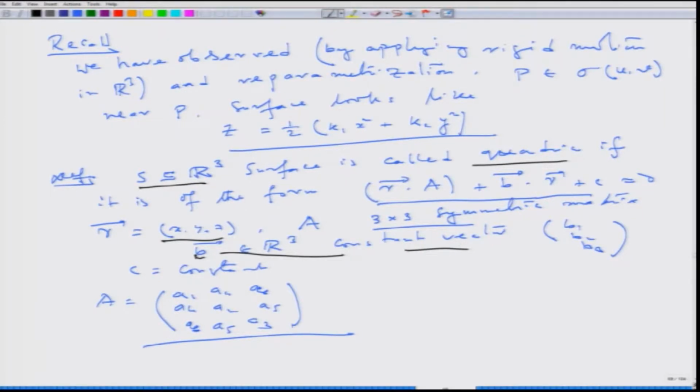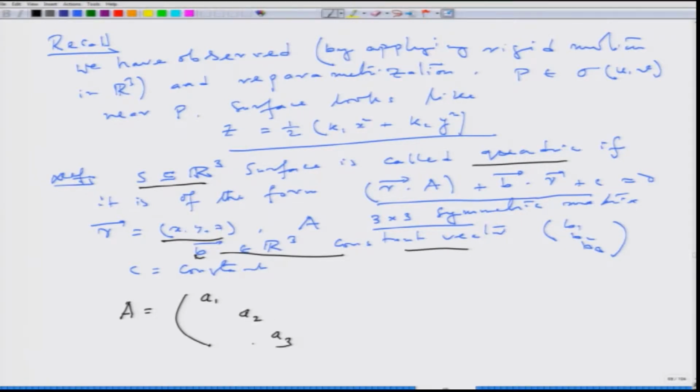And A we have taken, let me write it again. Just for our calculations, we will take A in this form, a 3 cross 3 symmetric matrix. I will put the diagonal entries as A1, A2, A3 and the off-diagonal entries A4 here.